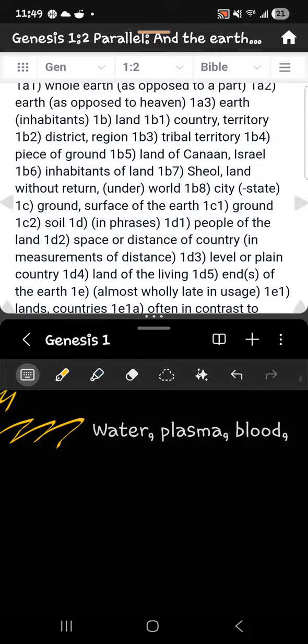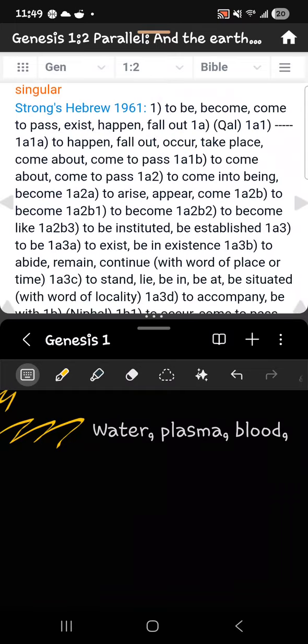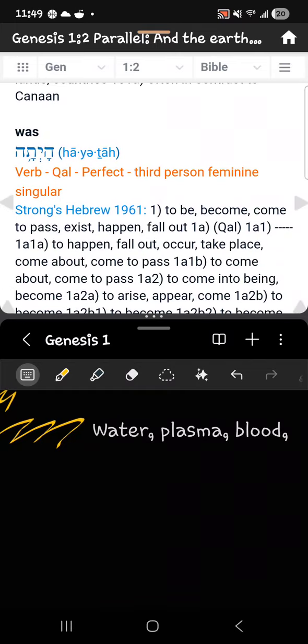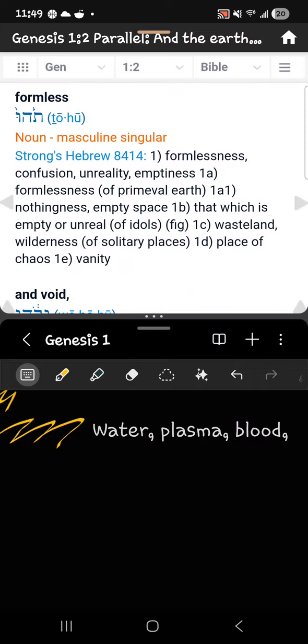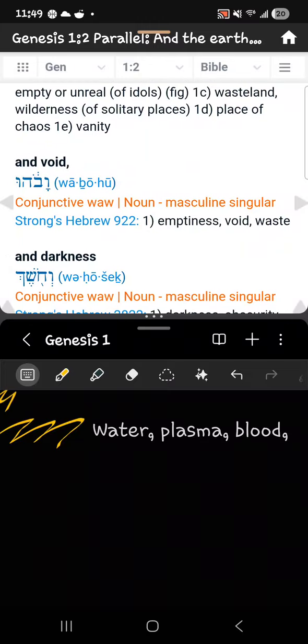You get it, like the earth, the arats. Was hayatha, had become formless, thahaw, formless, confusion, unreality, emptiness, and void, wa bahaw, empty, waste.